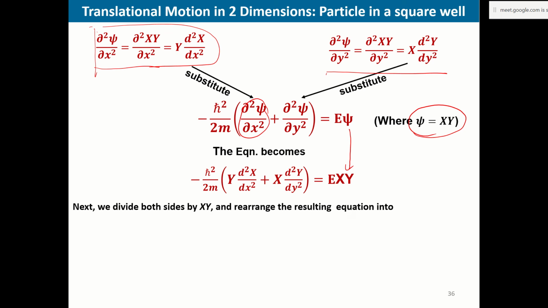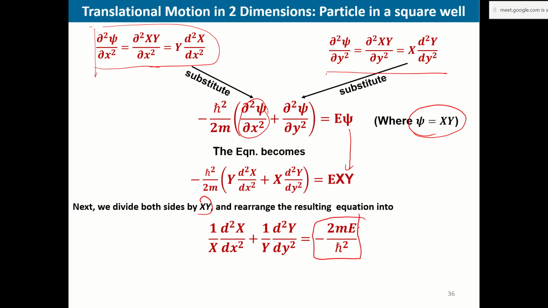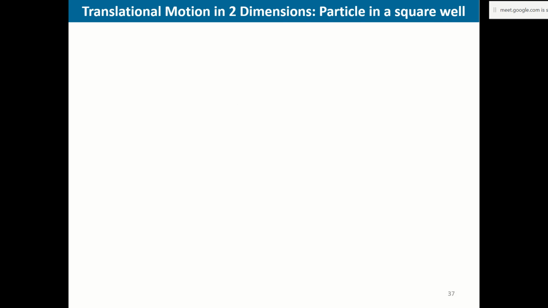Next we divide both sides by XY. Then the right hand side is totally freed from x and y terms. Right hand side is completely clear. You can also note that the right hand side should be a constant for a given set of x and y.